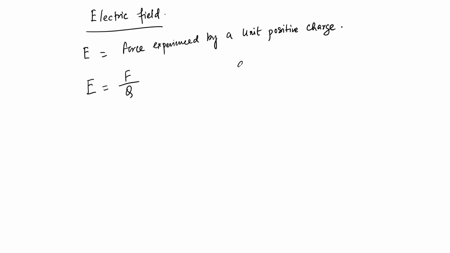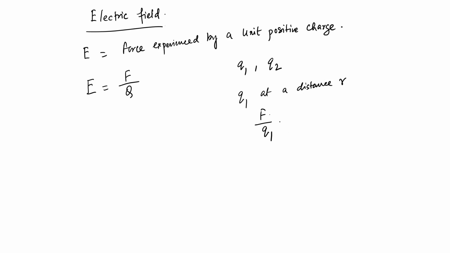So, if you are still talking about q1 and q2, you could ask the question, what is the electric field due to q1 at a distance r, which means where the charge q2 is located, and that is equal to the force divided by this q1.